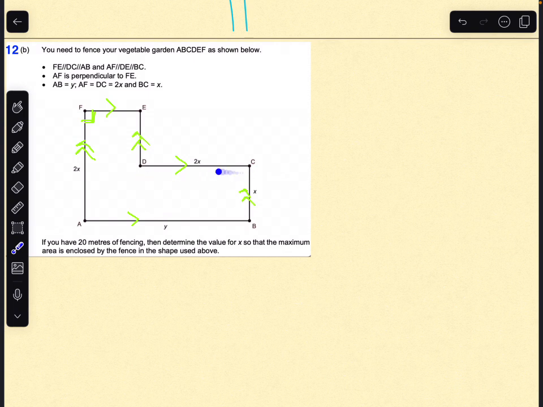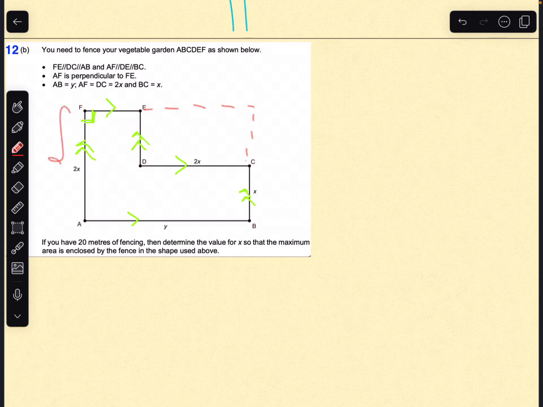We know that this is 2x. We know that this is x. We know that this is also 2x. Okay, so I'm just going to fill in this little piece over here to help me think about what's happening.